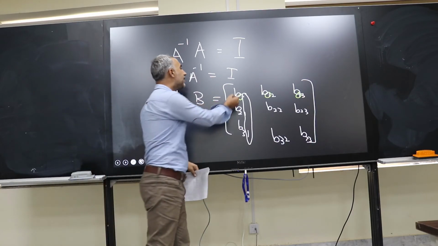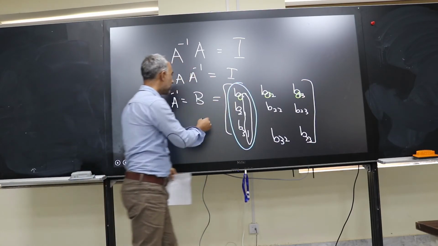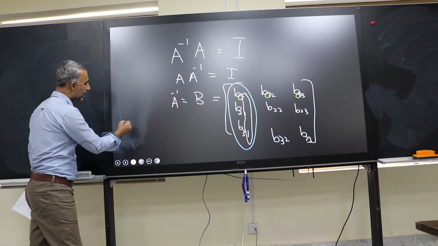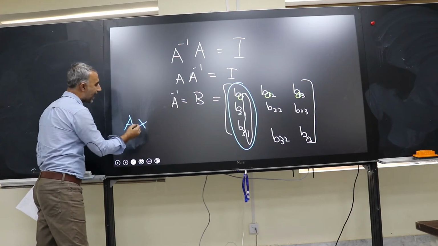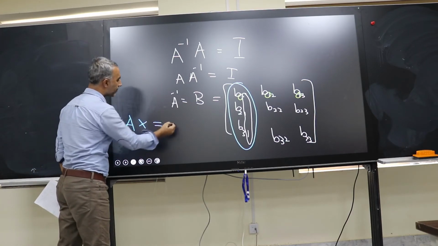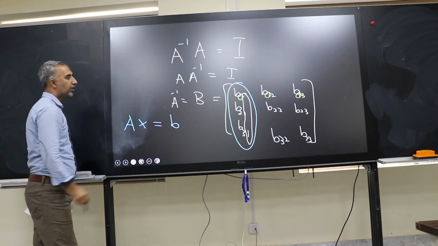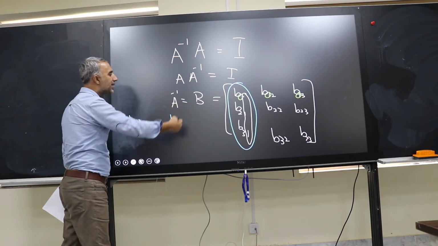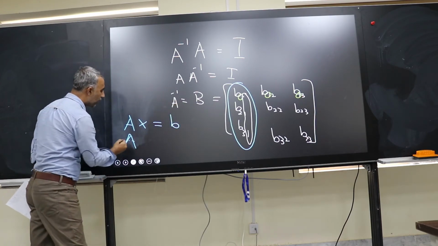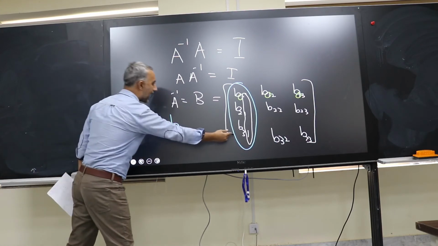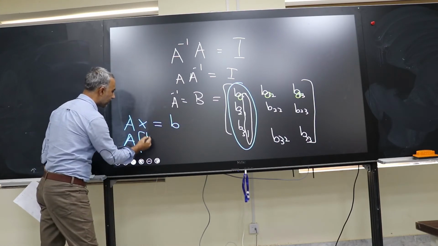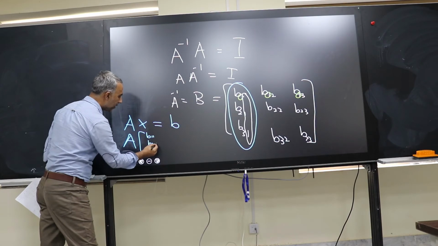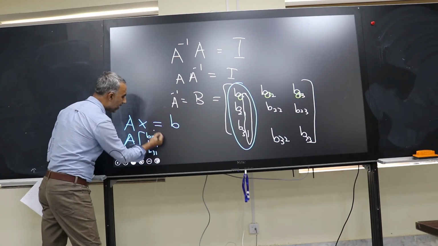Here, it is going layer by layer. First, we are considering A, X, B. So what's A? A is the original matrix. X is this one: B11, B21, B31.